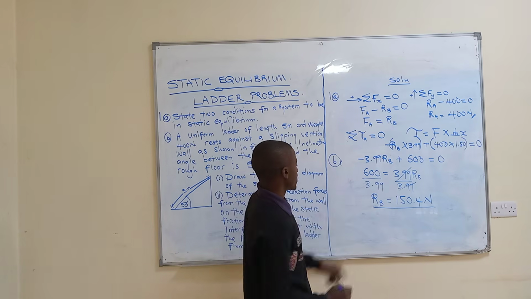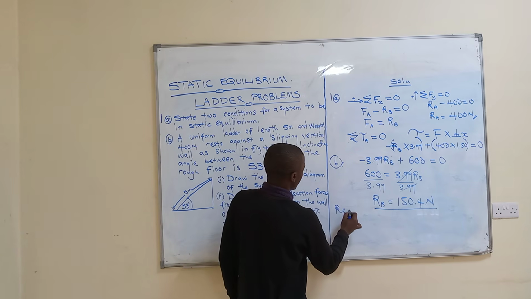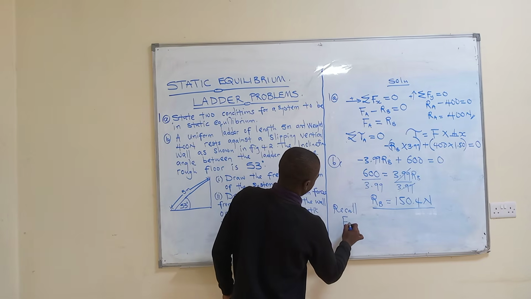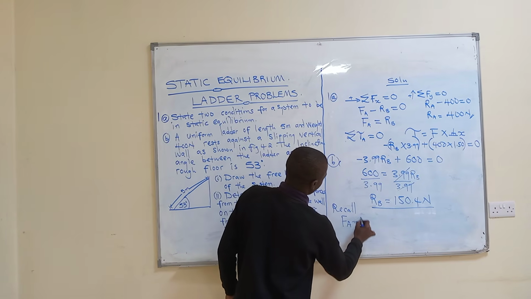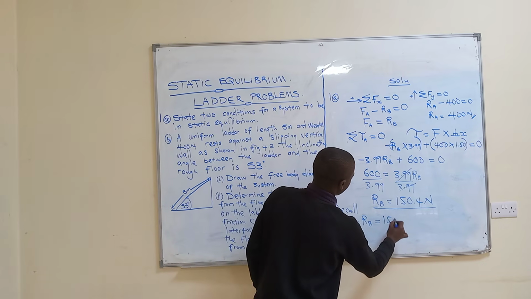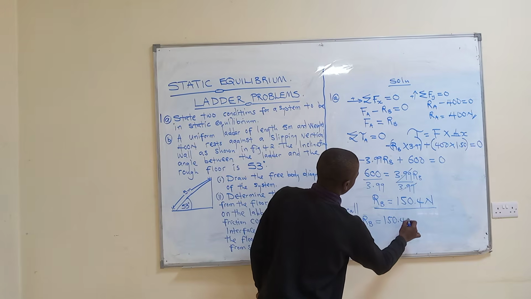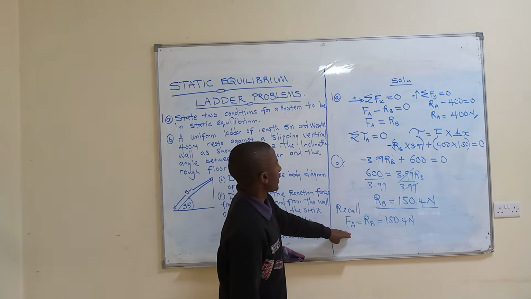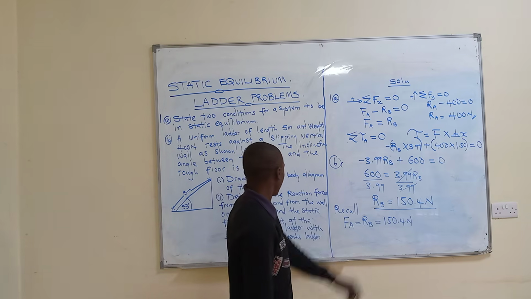Now you have to recall that FA is equal to RB, and RB is 150.4 Newtons. These are the forces that were supposed to be there.